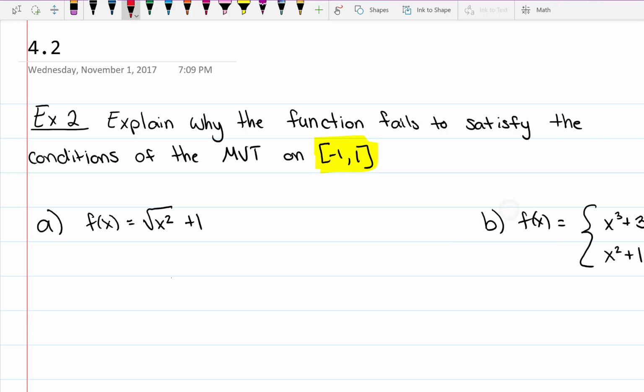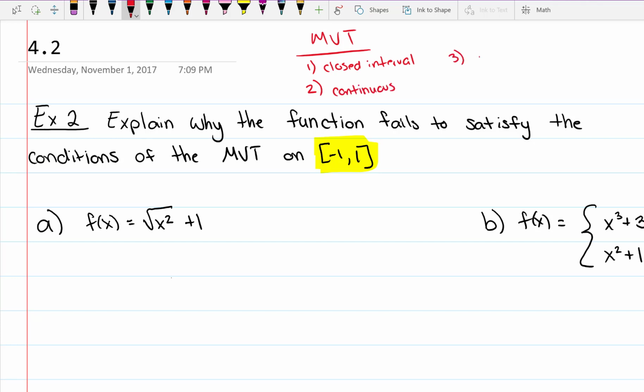There are some major things we need for the mean value theorem to work. One of those is we need to be on a closed interval. The second one is that we're continuous.